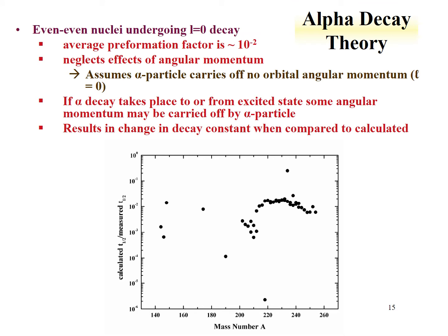And we can evaluate the difference between calculated and measured half-life, and this figure is shown here for even nuclei. So these tend to be ground state to ground state. The average preformation factor is about 10 to the minus 2. So if this is the ratio of the calculated to measured, we can say we can fix this data so it works by having a preformation factor of 10 to the minus 2.